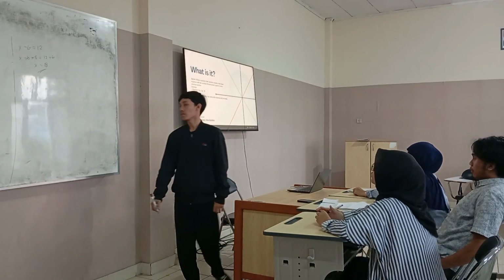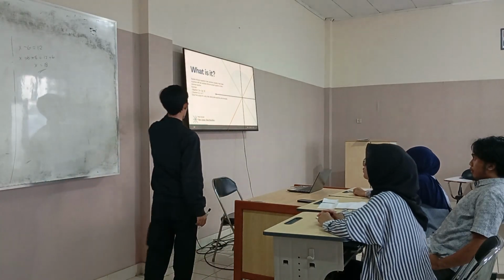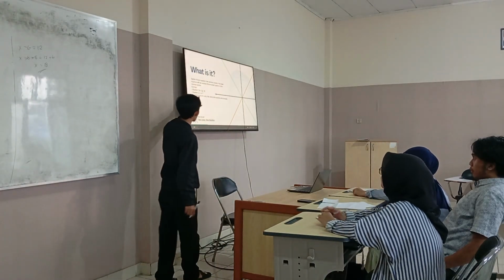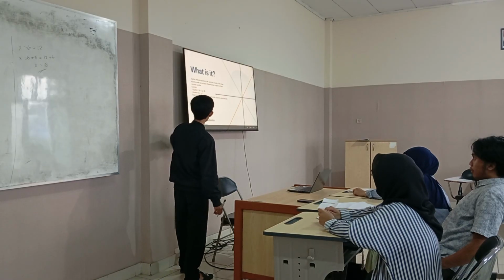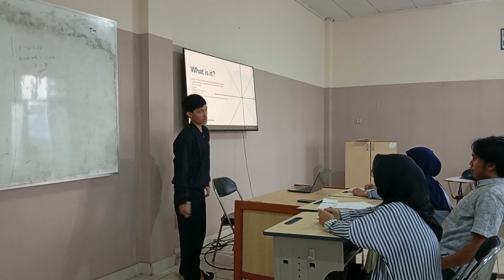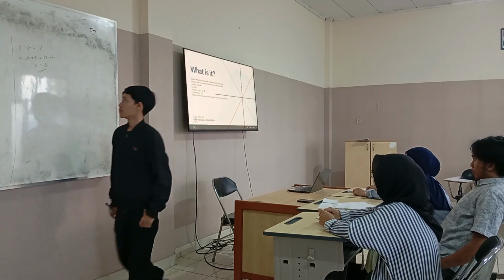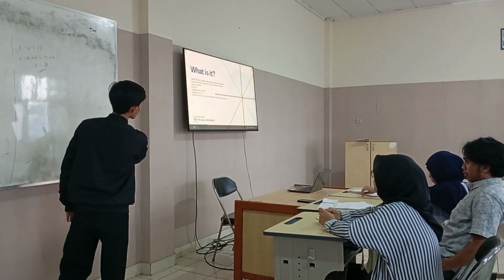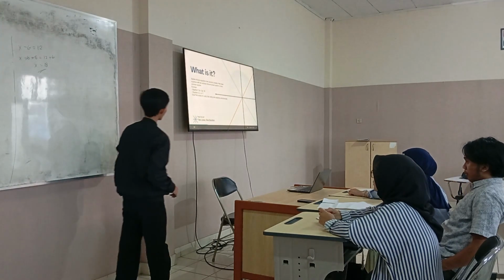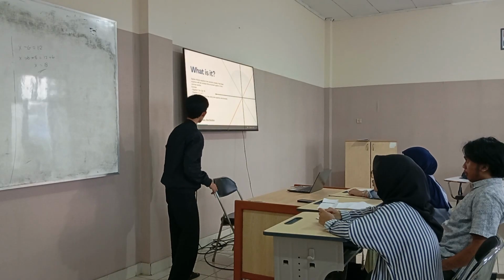Let me give you an example. The first equation is 2x plus 3y equals 12, and the second equation is x minus y equals 1. But before we get to the example, I think this is the important part.